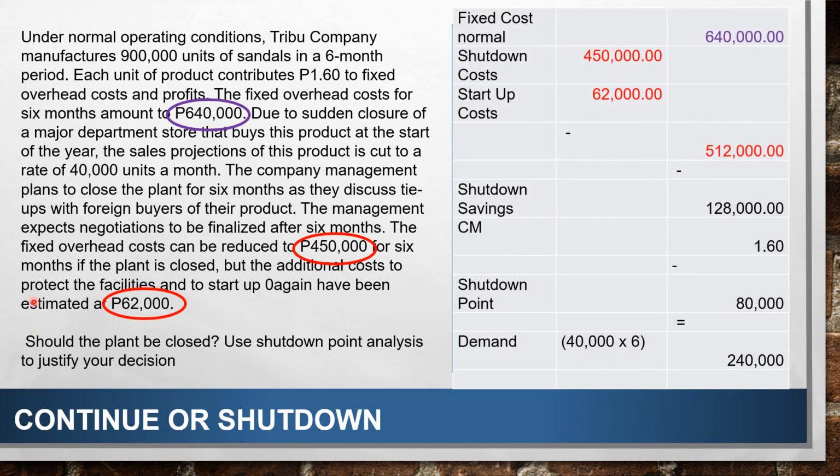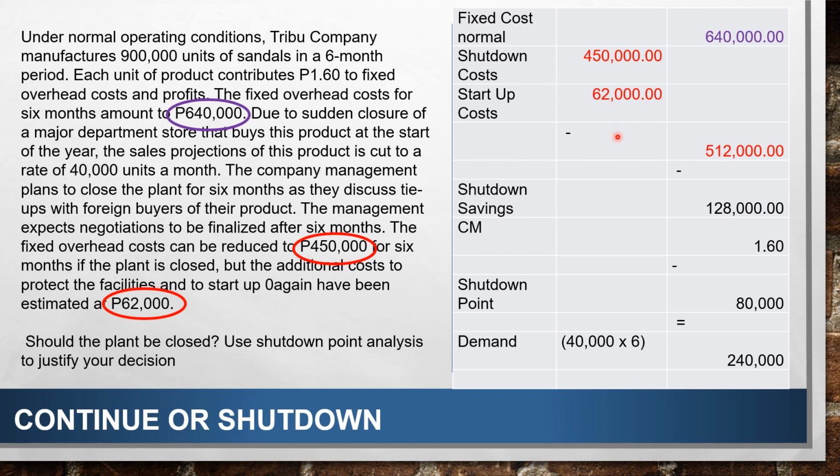So we have here our answer. Our fixed cost under normal operations is 640,000. It is given here. Our shutdown cost is 450,000, the reduced fixed overhead cost, plus the startup cost and additional cost to protect the facility of 62,000.